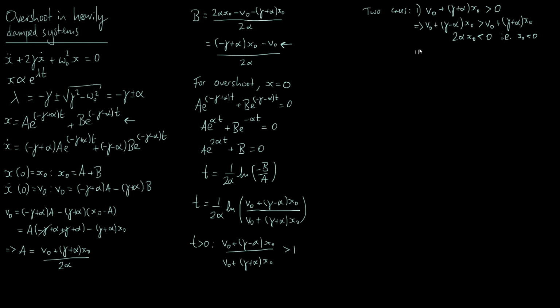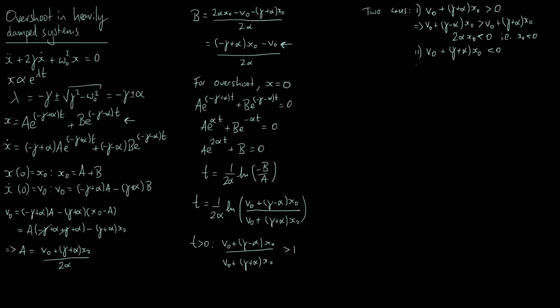So the other case is if the denominator is negative. So v0 plus gamma plus alpha x0 is less than 0. Well, then we can still multiply up, but we have to change the inequality from being greater than to being less than, right? Because that's what happens when you have an inequality and you multiply by a negative number, the sign of the inequality changes.